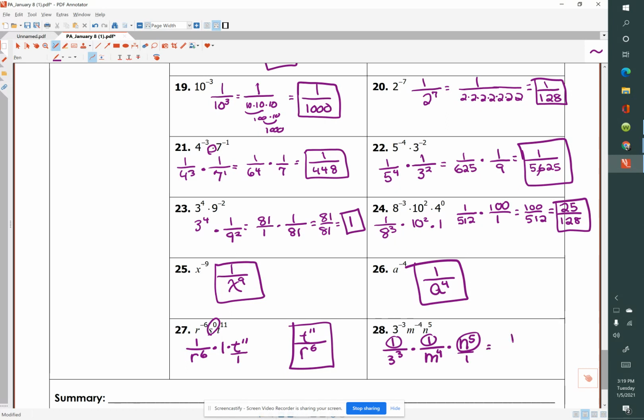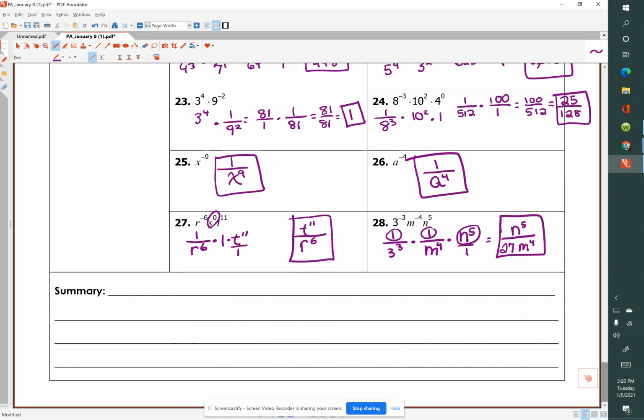So our numerator would be n to the fifth, and our denominator would be 3 to the third, which is 3 times 3 times 3, which is 27, times m to the fourth. And times 1 doesn't change anything. Remember that we multiply straight across when we do these fractions. And the 3 times 3 times 3 is 27. And then we're multiplying times m to the fourth, which we cannot simplify any further. So we are done.